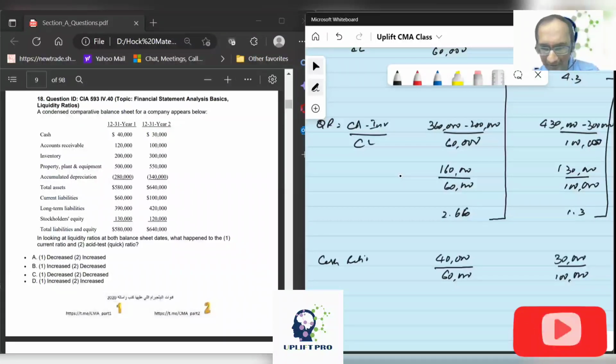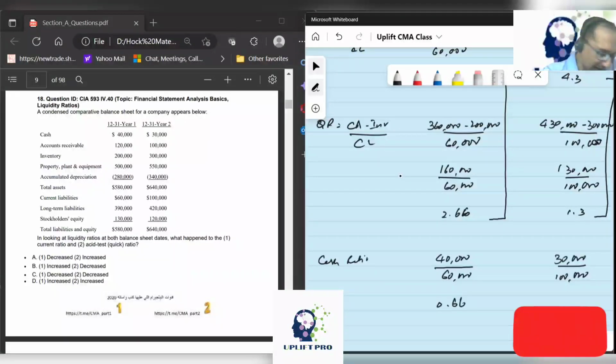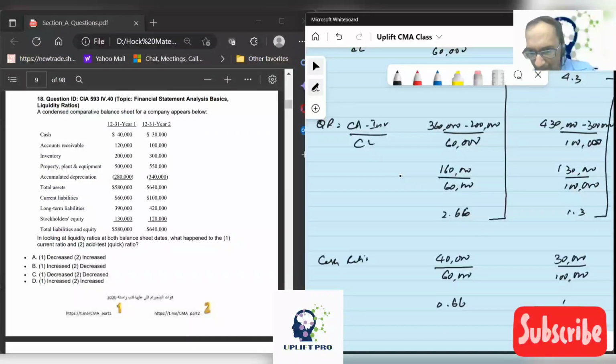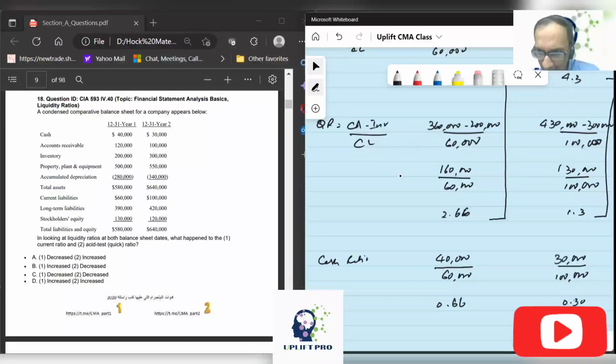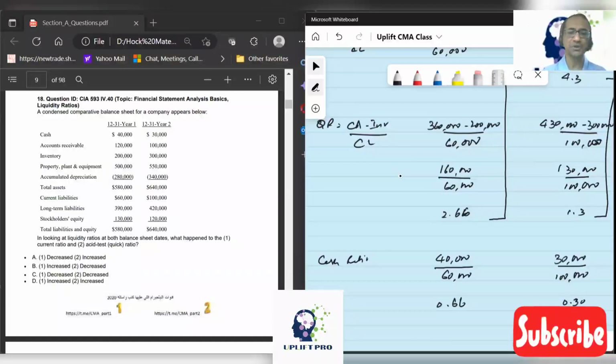You get 0.66 for this, and you get 0.3. So if you look at this, even your cash ratio has reduced compared to year 1. In year 2, it has come down from 0.66 to 0.3. So these are the ratios that we use to calculate whether the company has enough assets to meet its short-term obligations. Thank you.